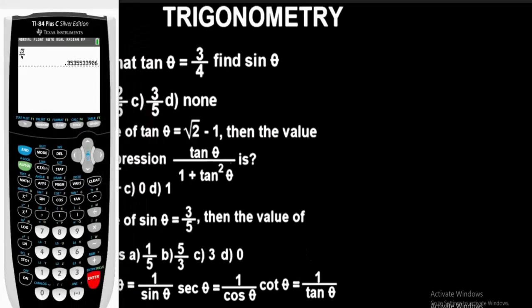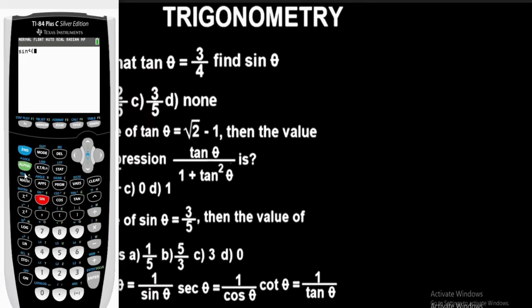Let's do it. So we need to clear, right? So to clear, press second, this plus button, press 7, press 1 to reset power, and then press 2. Okay, so it's done. Sine inverse, second sine button, sine inverse of 2 over 5.